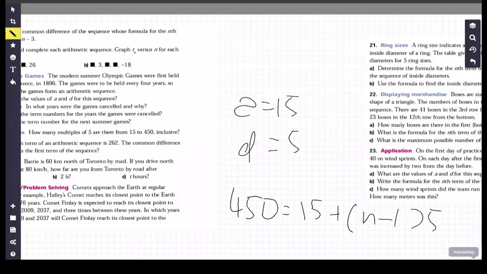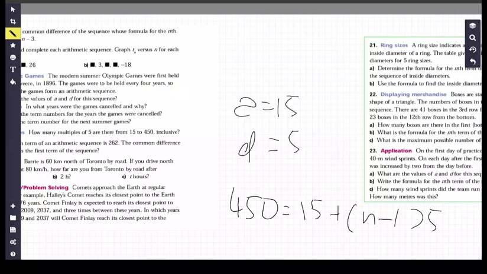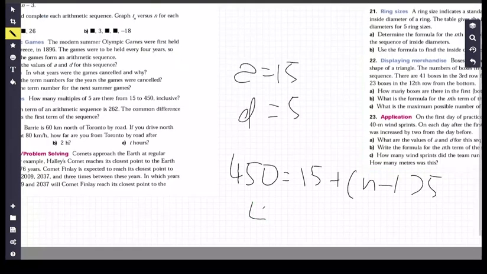Let's go ahead and solve this. So 450 minus 435 is equal to 5n minus 5. So 440 equals 5n.